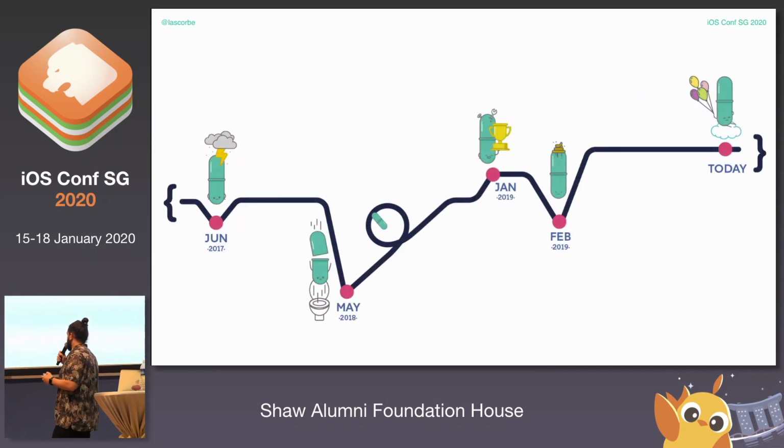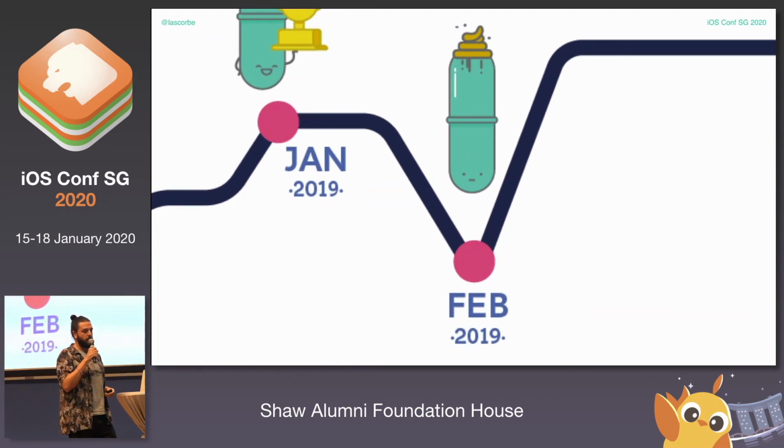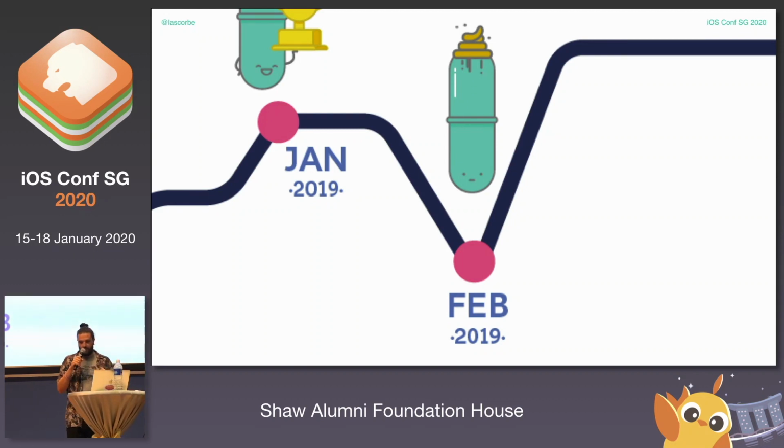And now we are back on our timeline. This is February 2019. When this happens, we start to think: this is not the way to do it.